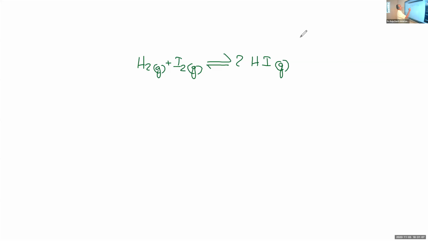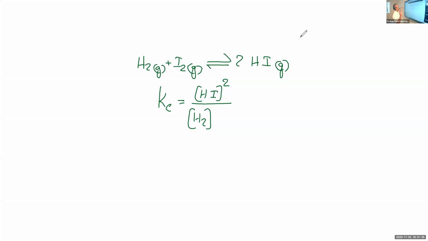Now, how can you write the equilibrium constant Kc for this reaction? It is equal to the concentration of the product HI raised to the power of its coefficient, the number of moles, which is 2, divided by the concentration of H2.